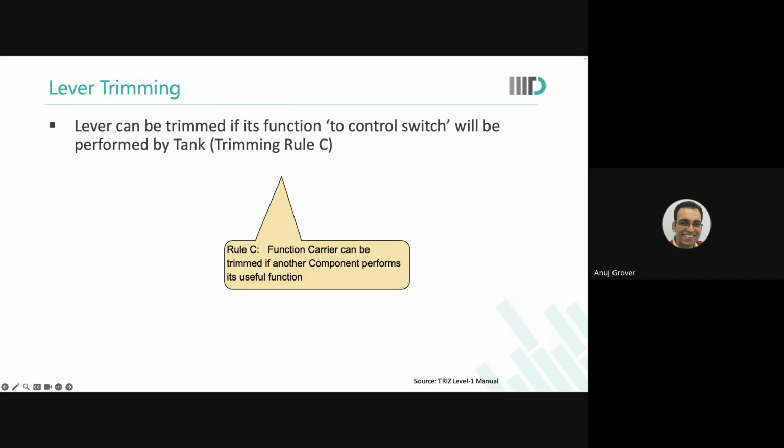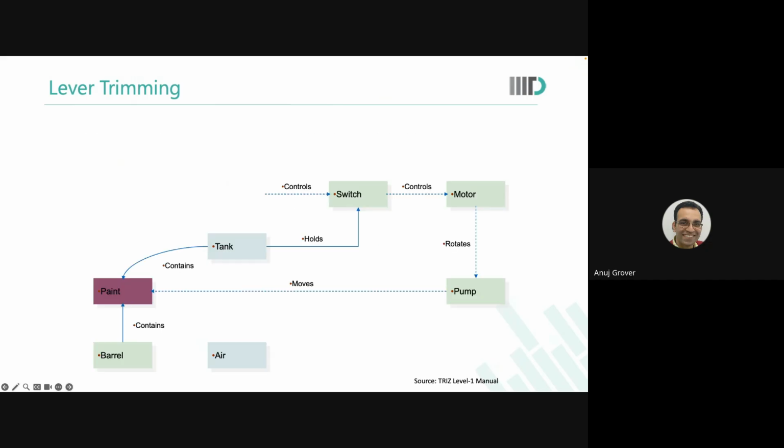So now let's look at the function model again. Something has to control the switch. How do you identify that alternate carrier?